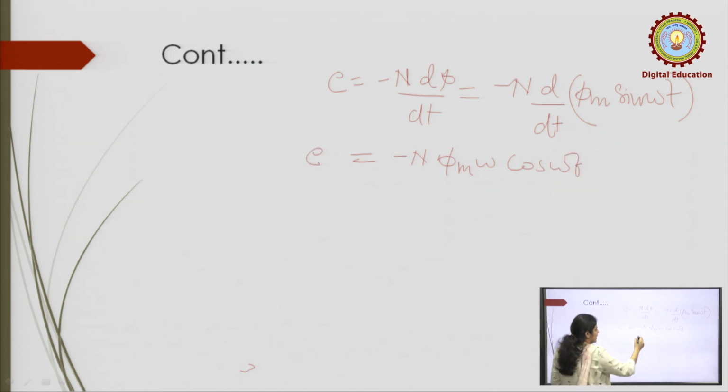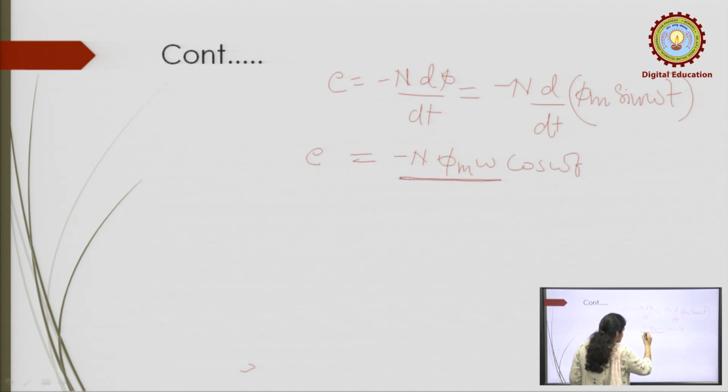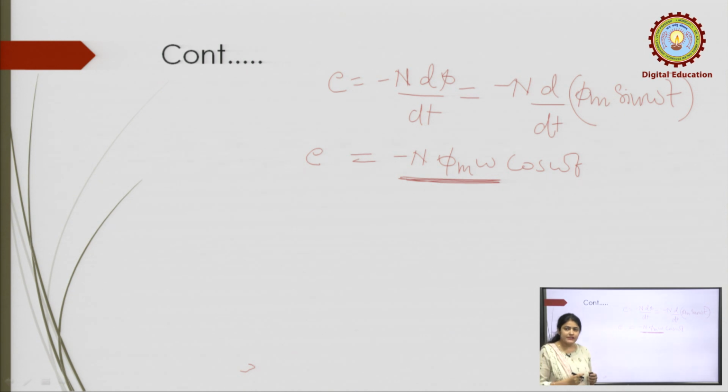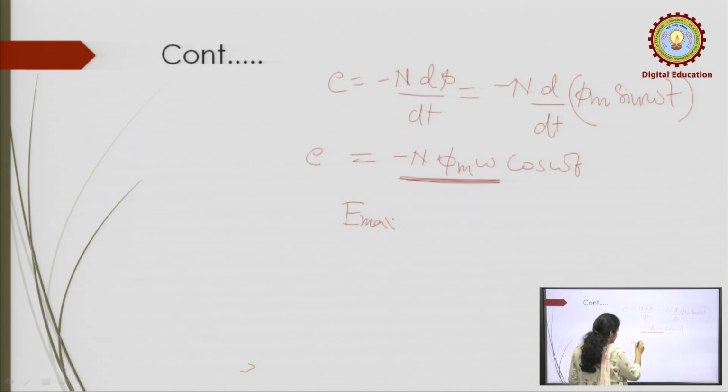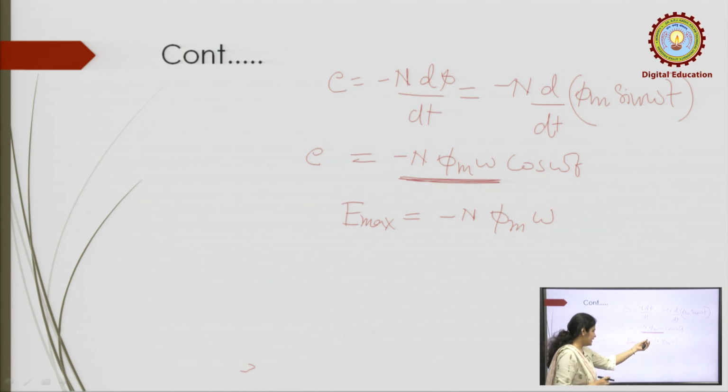Just see, this represents the maximum value of voltage. So E max is equal to N phi m omega, or we only consider the magnitude. The negative sign only represents Lenz's law.